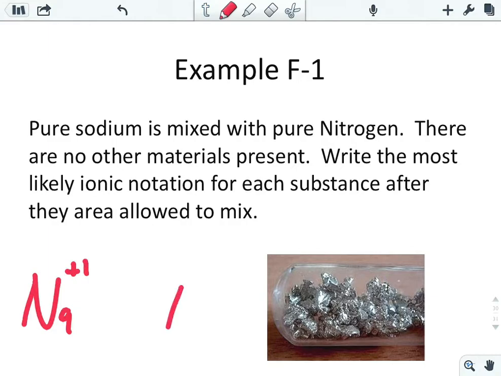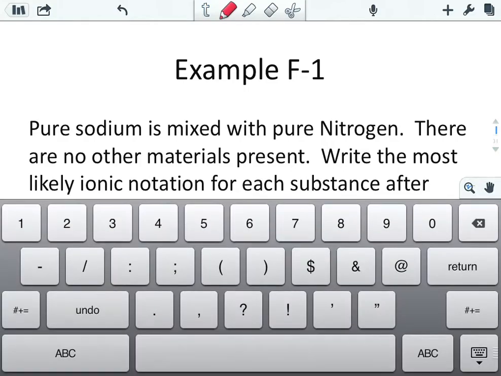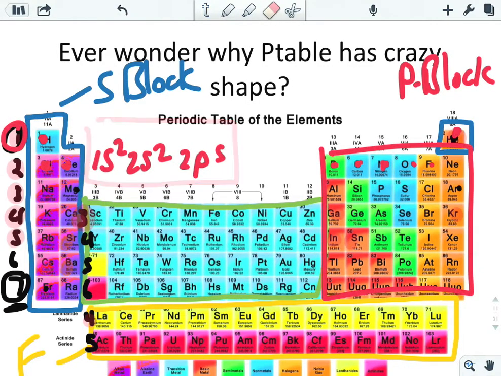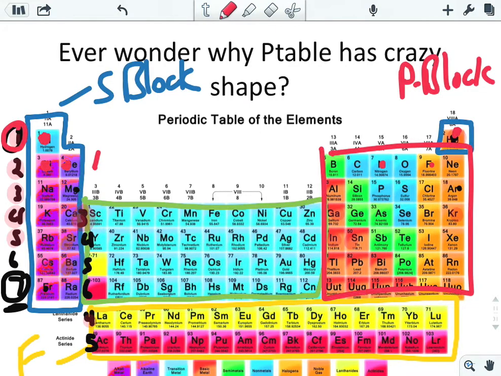Now nitrogen, on the other hand, we can look on the periodic table. Our nitrogen is going to be right there. Now what's nitrogen more likely going to do? We look at its electron configuration. It's 1s2, 2s2, and then 2p1, 2, 3. Now what is it closer to?